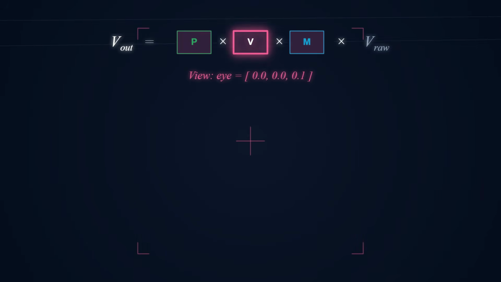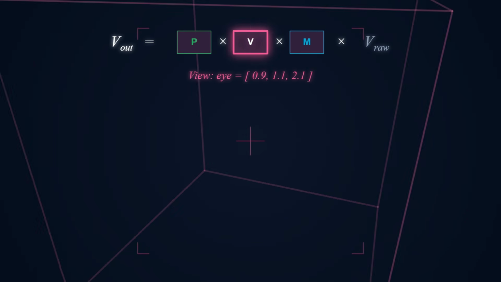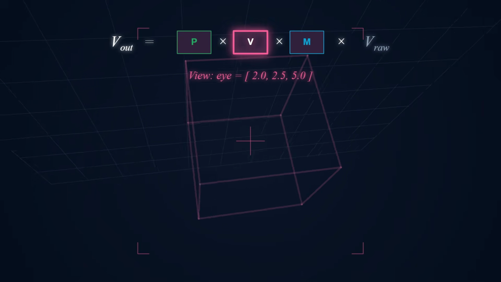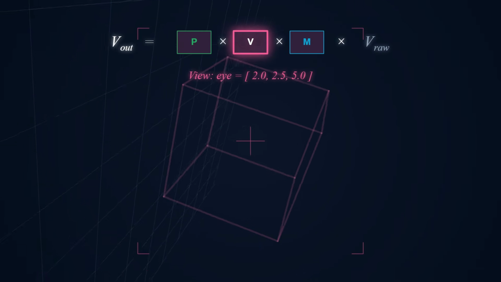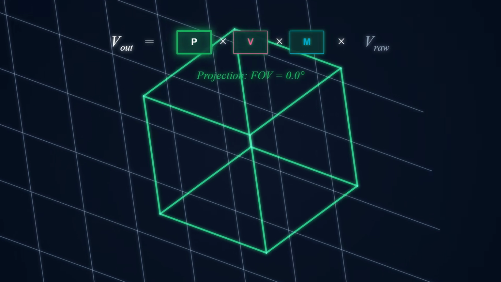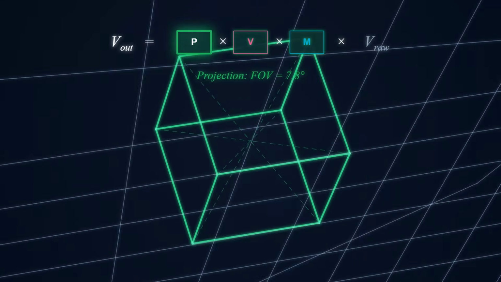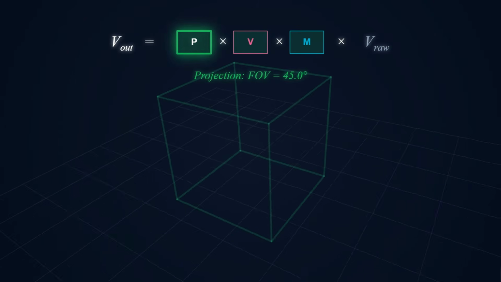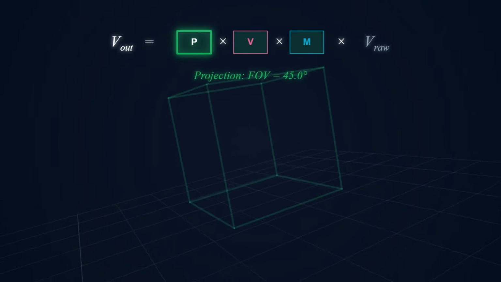We use look at to pull our camera back and up to coordinates 2, 2, 5, pointing it back at the center. Projection: a raw mathematical grid has no concept of human perspective. We use perspective to artificially inject a 45-degree field of view so geometry scales exactly how the human eye expects.